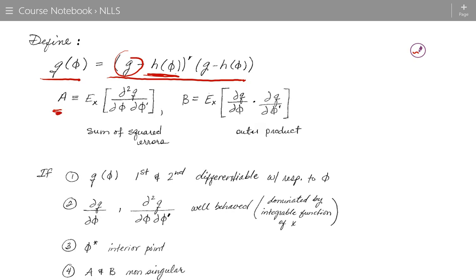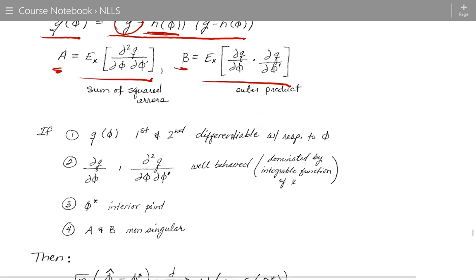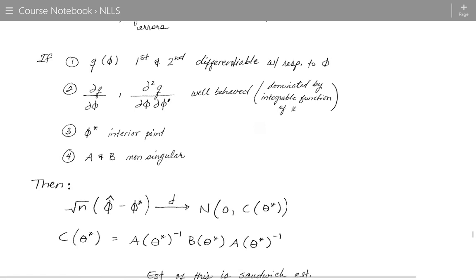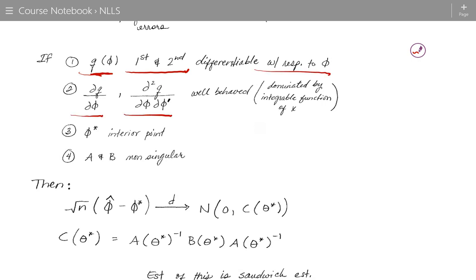Also, I'm going to define as A the expected value of the second derivative, B as the expected value of the outer product, and our usual mathematical niceties have to be there. Q is differentiable first and second with respect to theta. Both the derivative and the second derivative are well behaved, dominated by an integrable function of x.